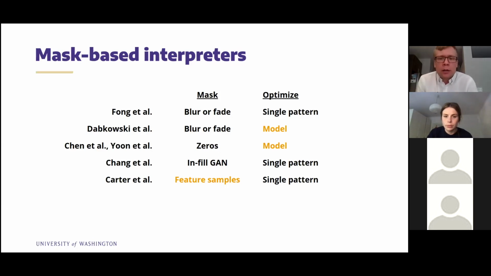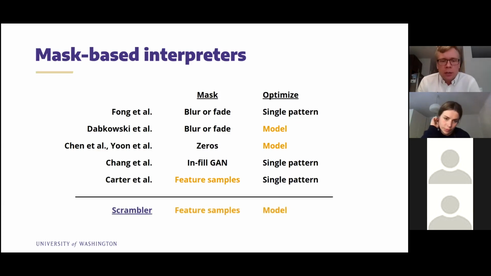We can either optimize one mask at a time to explain every input pattern, which of course sounds a bit time consuming. The other approach would be to train a parametric model that allows us to infer or generate these masks. And so we essentially developed this method that we call scramblers that combines what we think are the best features from these earlier methods for interpreting biological sequences.